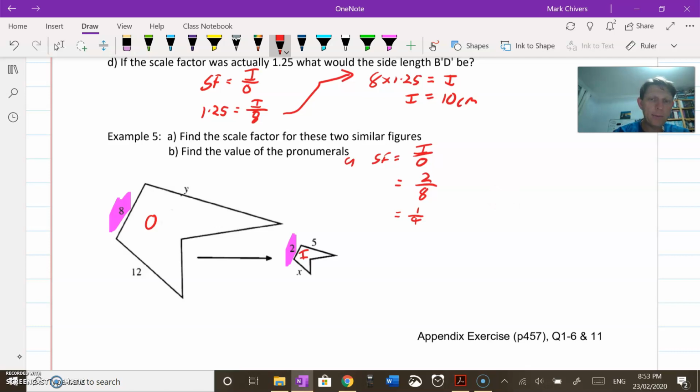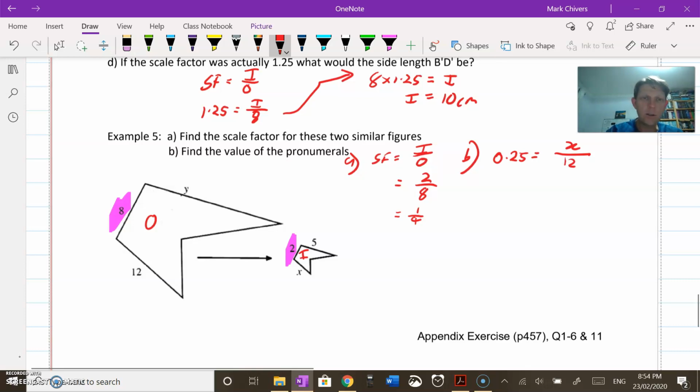So that's part A. And for part B, we need to find the two sides. So if the scale factor is 1 over 4, which is a quarter, or 0.25, equals the image over the object. So we'll do x first. The image length is x. The object length there is 12.